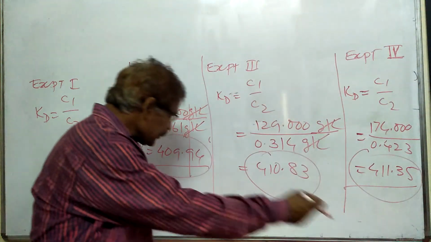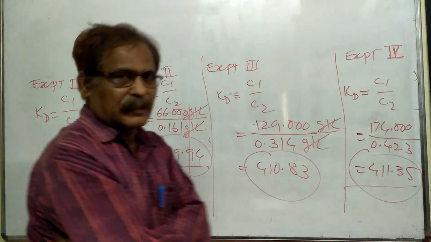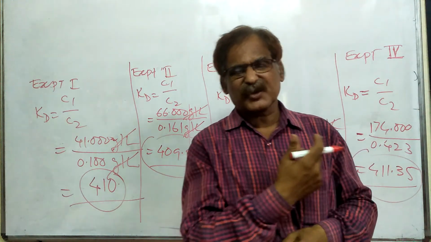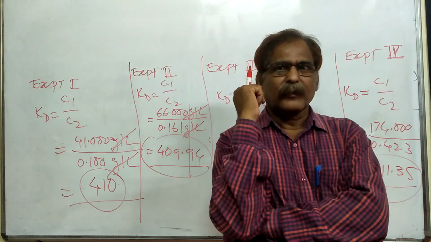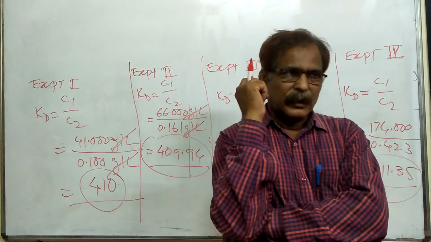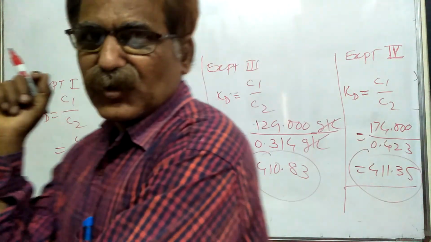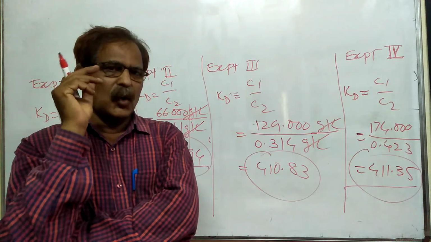When we look at all these values in experiments 1, 2, 3 and 4, we will find that the numerical values of partition coefficient are fairly constant, almost constant, and therefore the given data obeys normal Nernst distribution law, that is Kd is equal to C1 upon C2.